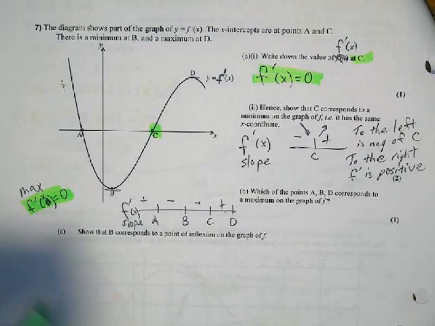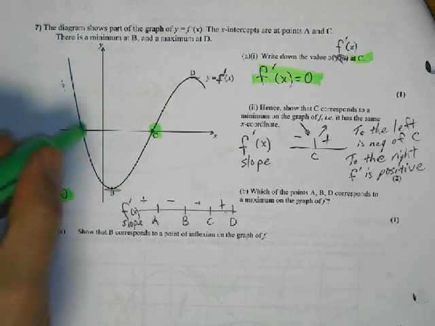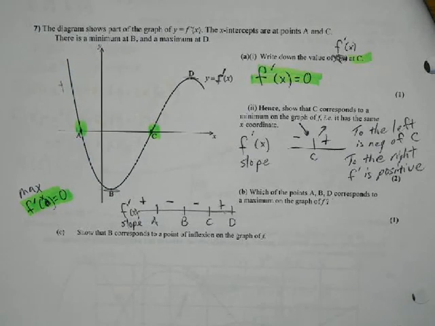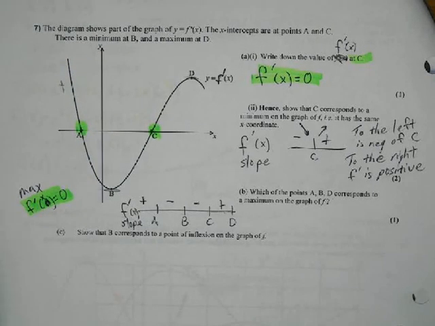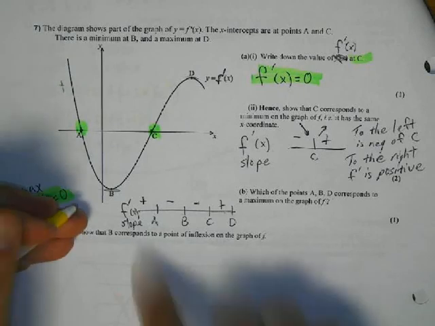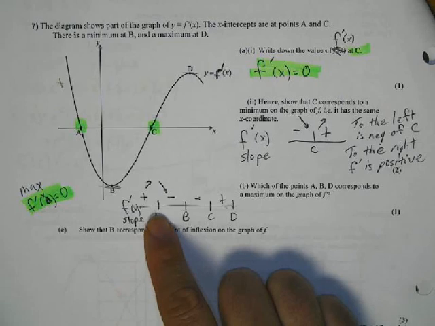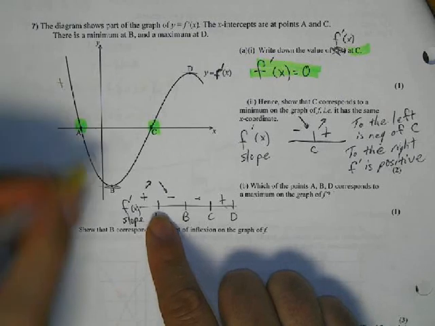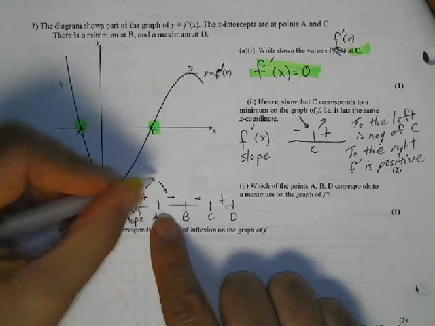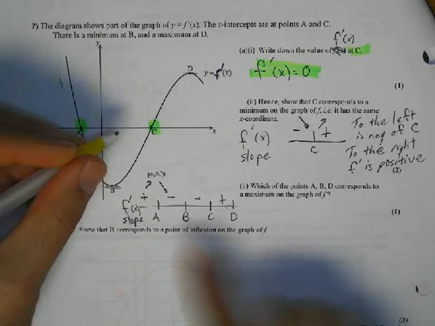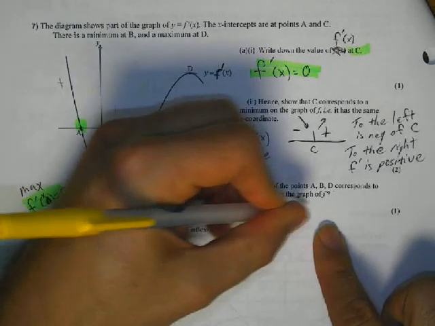So the maximum is probably going to be there. But let's look at slope, because if we have a positive slope and then a negative slope, that's going to give us a maximum. So we know the maximum happens at A.